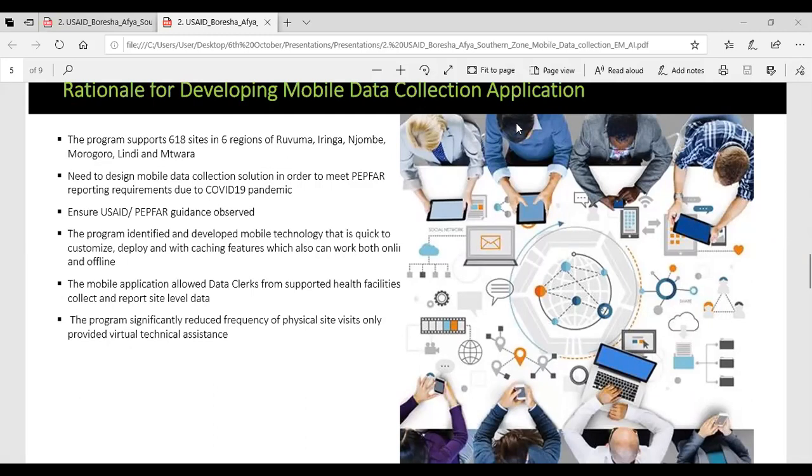The mobile application is also being used by data clerks to support the facility to collect and report site level data. So the idea is to reduce frequent site visits and also provide technical assistance through virtual technology. Next slide, please.